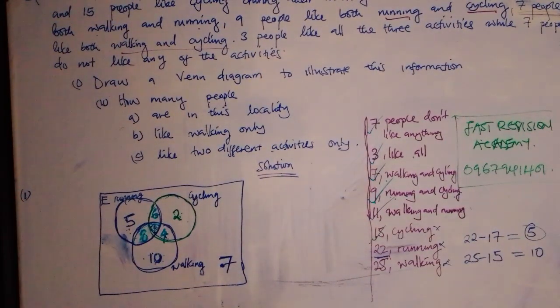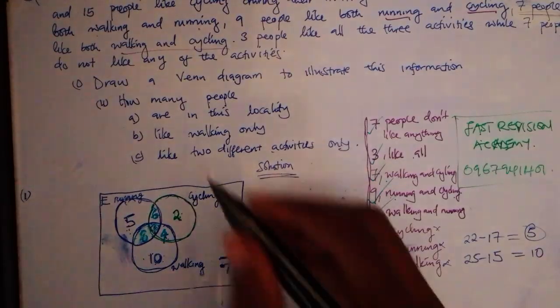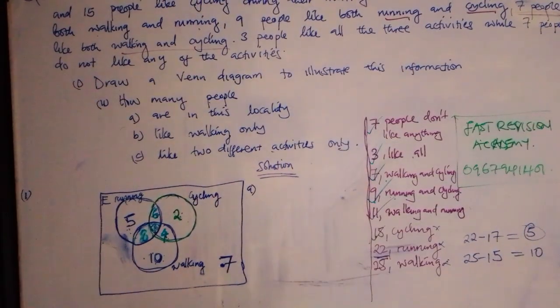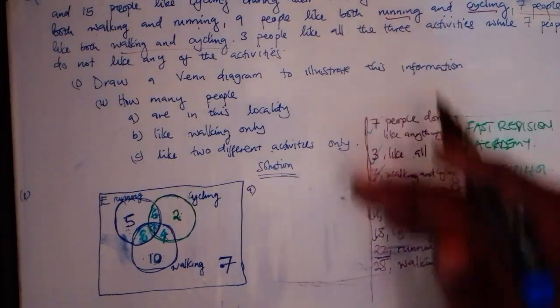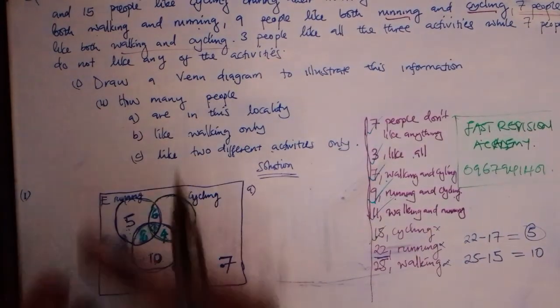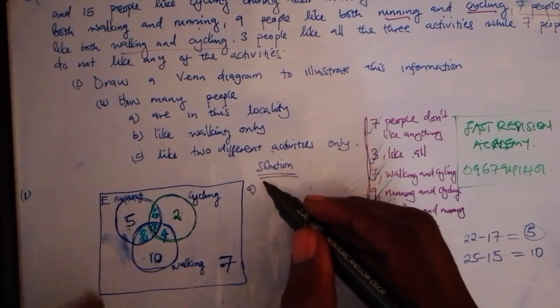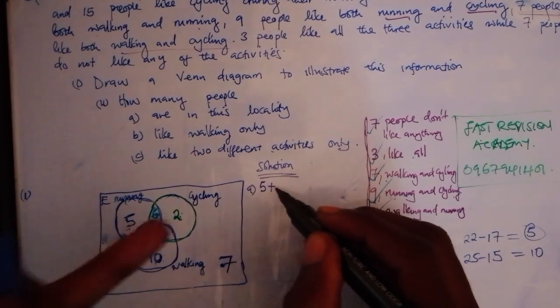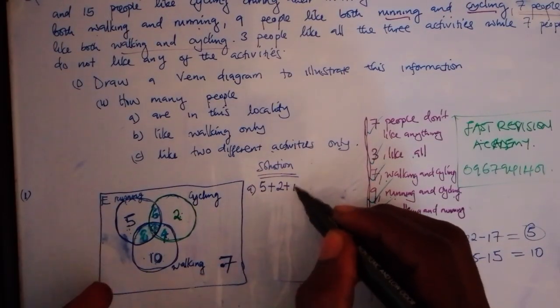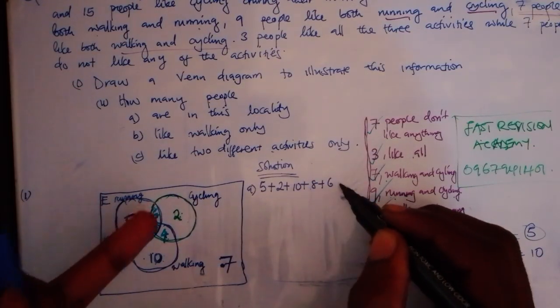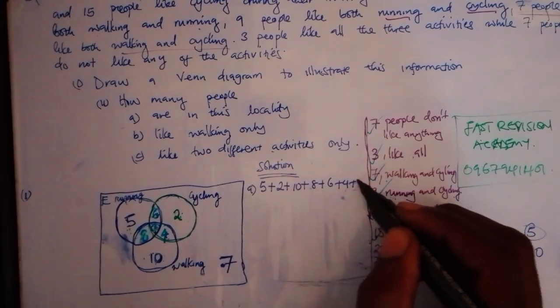Moving on to our first question, which is saying how many people were in this locality. So the first question is just asking us to add everything now. So don't add these numbers, but add the ones in the Venn diagram. So you say, we'll start with 5 plus 2 plus 10 plus 8 plus 6 plus 4 plus 3.